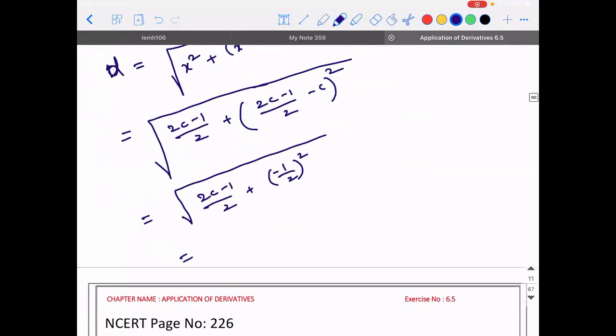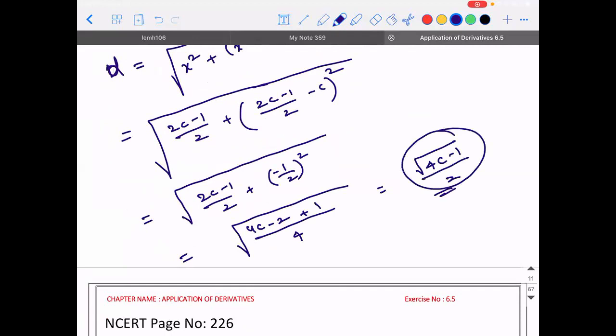So how much will you get? Square root of (4c minus 2 plus 1) divided by 4. I took LCM, guys. So root of (4c minus 1)/2. This will be the least distance possible.